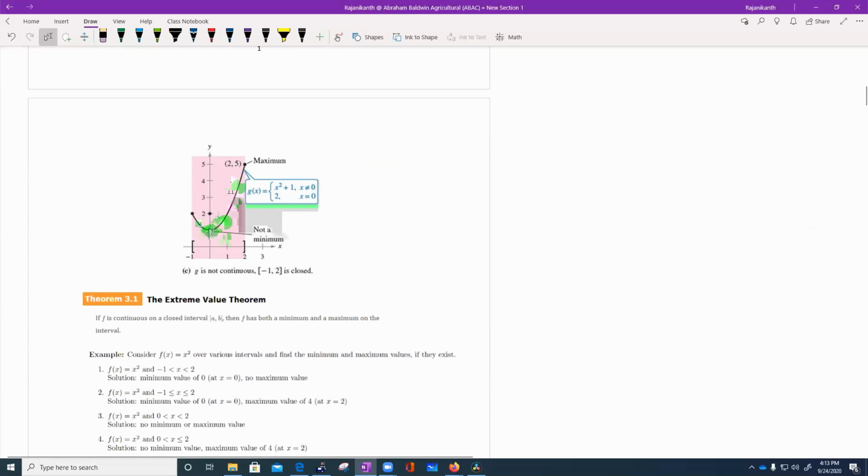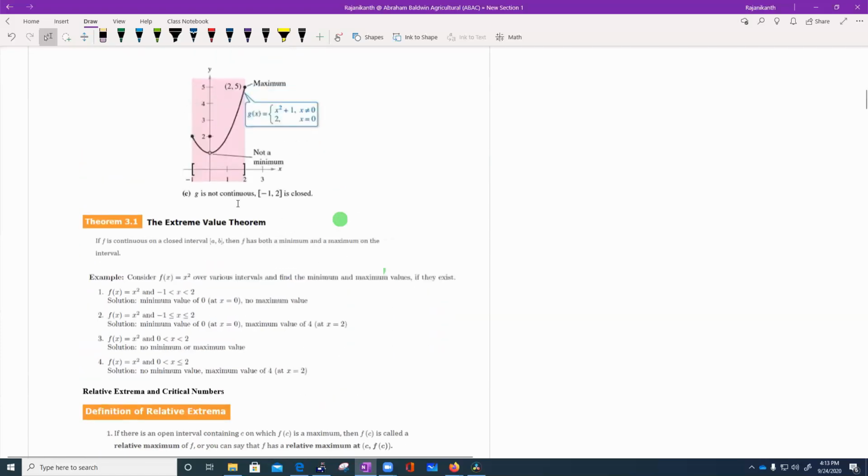That means we do not include this point in our domain. Therefore, we cannot say the function has a minimum here because the function is not defined there. So this function does not have a minimum, but we have a maximum because the given interval was a closed interval.